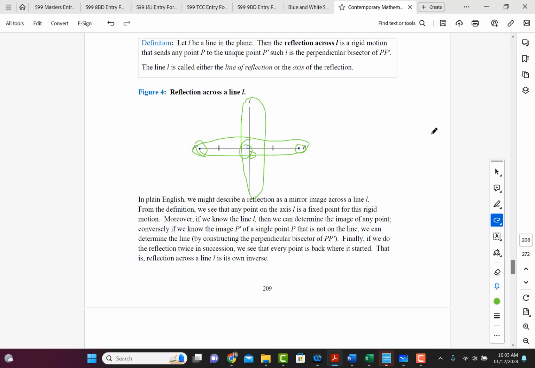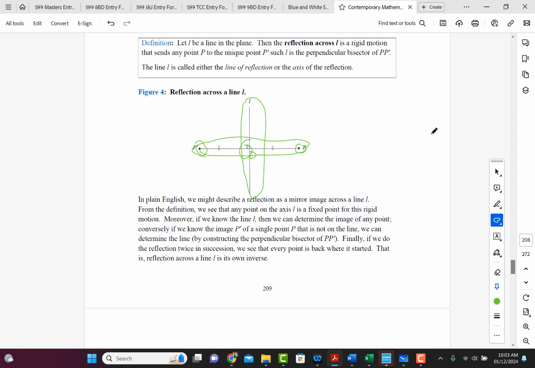From the definition, we see that any point on the axis L is a fixed point for this rigid motion. Moreover, if we know the line L, then we can determine the image of any point. Conversely, if we know the image P prime of a single point P that is not on the line, we can determine the line by constructing the perpendicular bisector of PP prime.